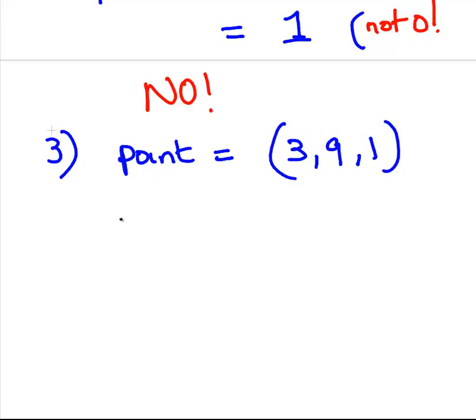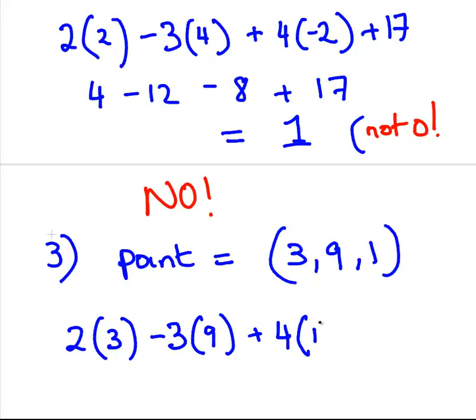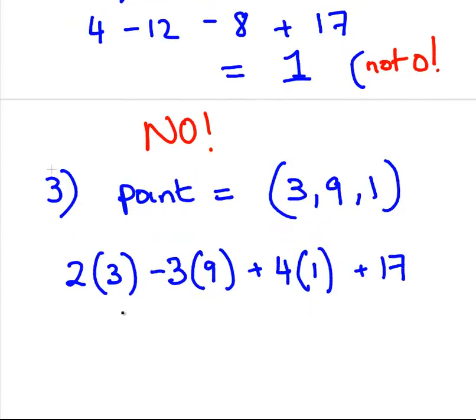Let's try it out again, with the equation at the top of the screen. 2 times 3 minus 3 times 9 plus 4 times 1 plus 17. What does that give us? That gives us 6 minus 27 plus 4 plus 17, which is equal to 0.